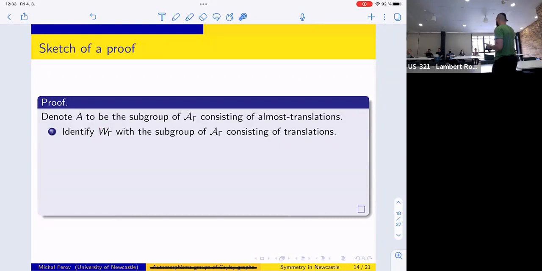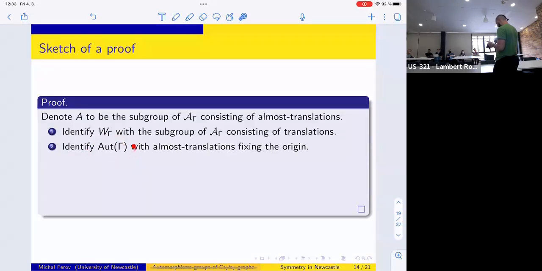That's just checking a couple things. Easy. This one is a bit tricky. So the automorphisms of the defining graph you identify with almost translations that fix the origin. And when I'm saying the origin, I mean the vertex of the Cayley graph corresponding to the identity. Since the thing is vertex transitive, it doesn't matter.